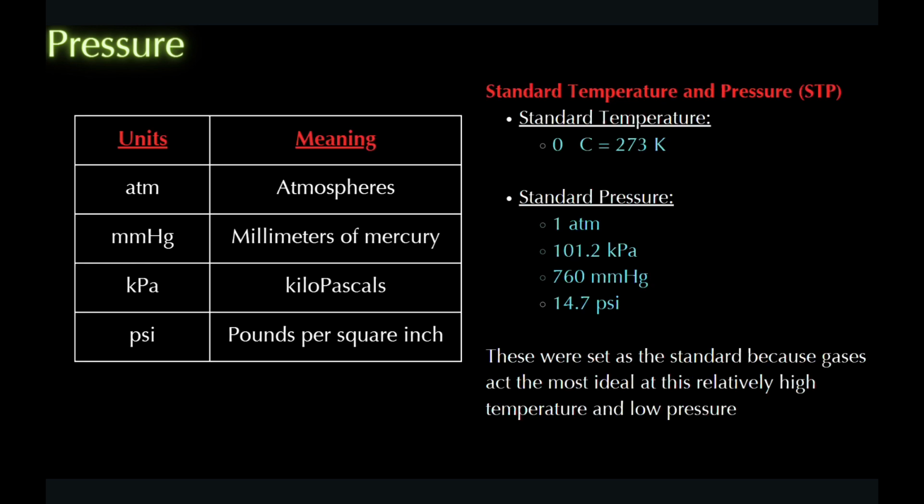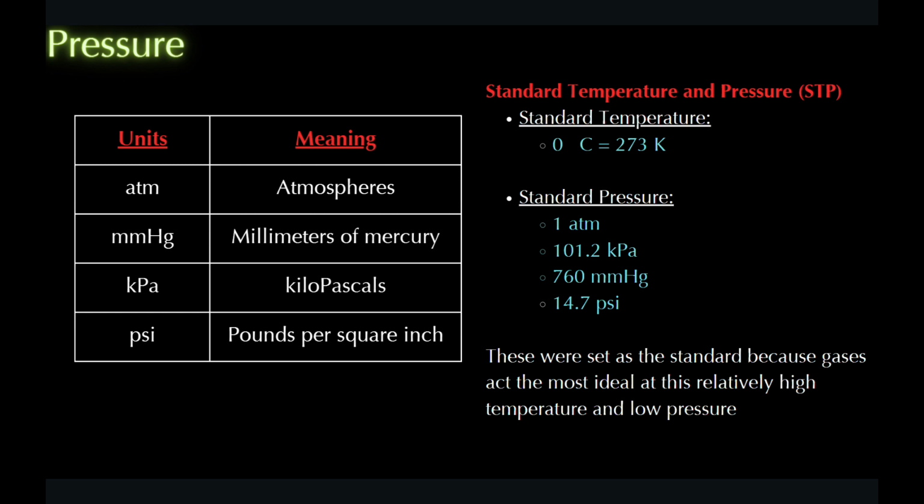Now, we do have different units for pressure. We have ATM, which is atmospheres. Currently, if you're anywhere in the world, you're typically under 1 atmosphere of pressure because Earth has 1 atmosphere. There's also mmHg, millimeters of mercury, which is often used in weather.